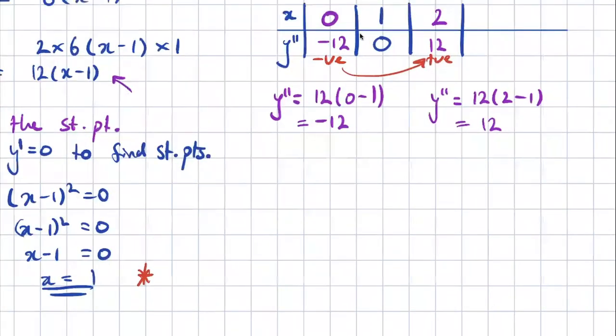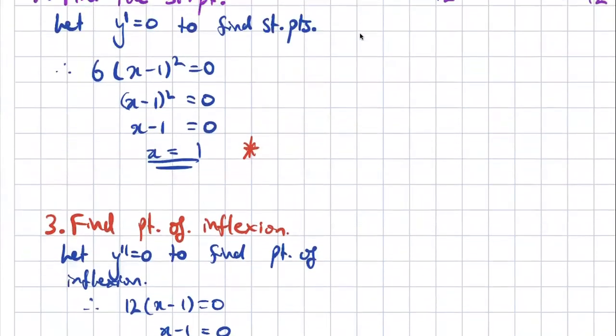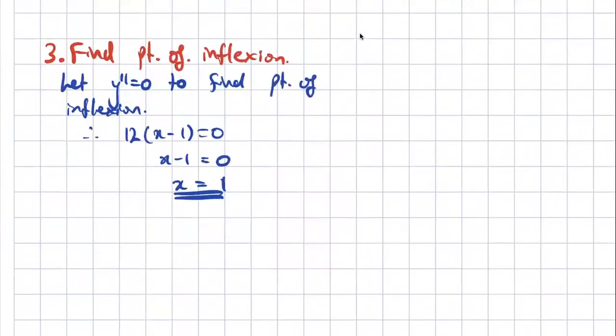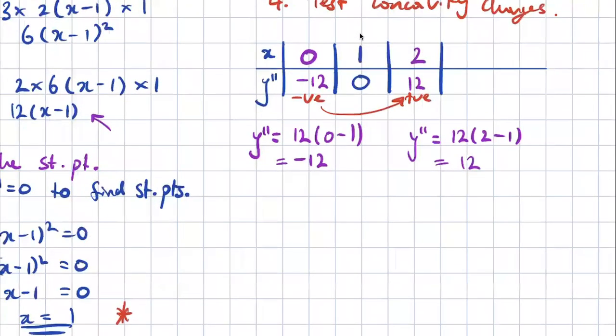The other thing that we also have to say is because the first derivative is 0 and the second derivative is 0, it is a horizontal point of inflection. So this is how we write that.